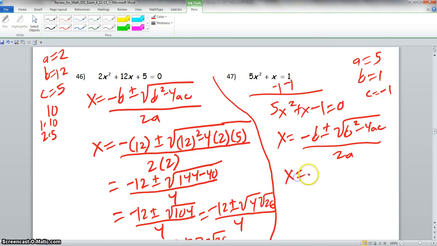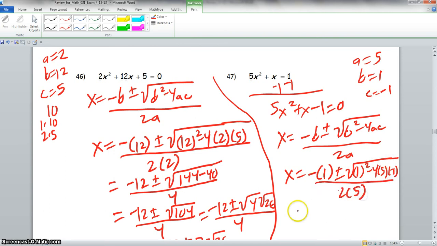So we have x is equal to the opposite of 1 plus or minus the square root of 1 squared minus 4 times 5 times negative 1 all over 2 times 5.